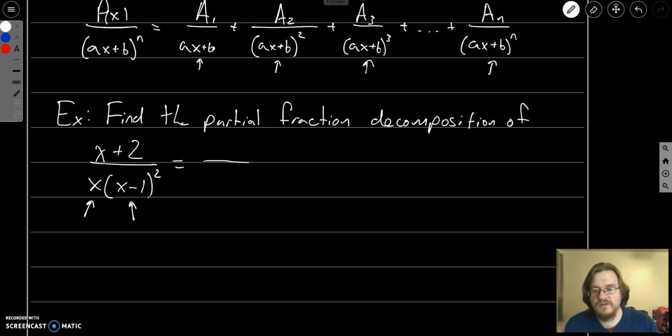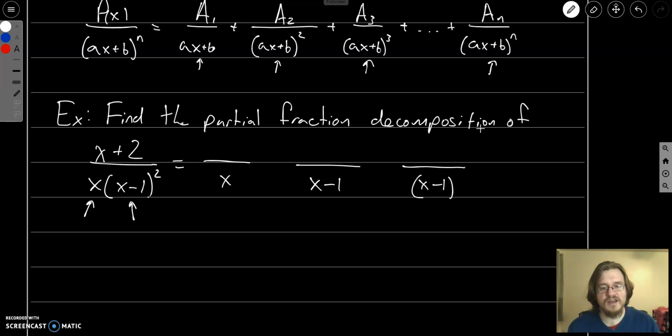So firstly, we will have a fraction whose denominator is x. Next, we will have a fraction whose denominator is x minus 1, but there are two copies of this one. So we'll have a third fraction, one with x minus 1 on the bottom, but this guy will be x minus 1 squared.